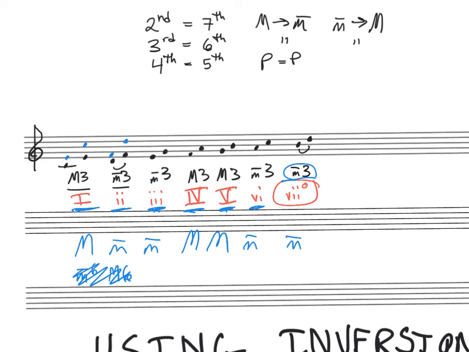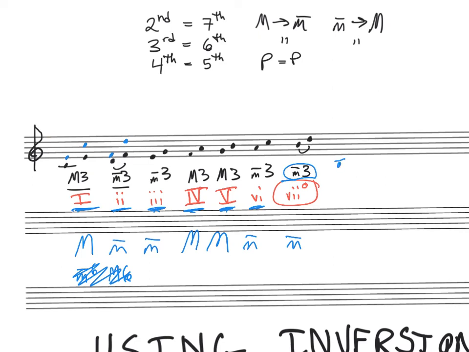Then, with fourths, there is a great trick. First of all, you know that a perfect fourth inverted is a perfect fifth. So the only thing you have to watch out for, there is only one interval in the diatonic scale that looks like a fourth and is not a perfect fourth.